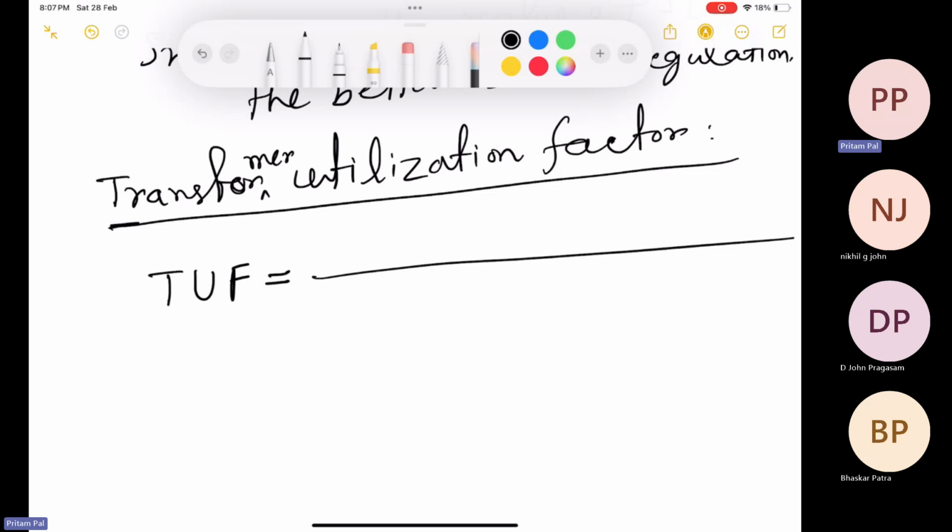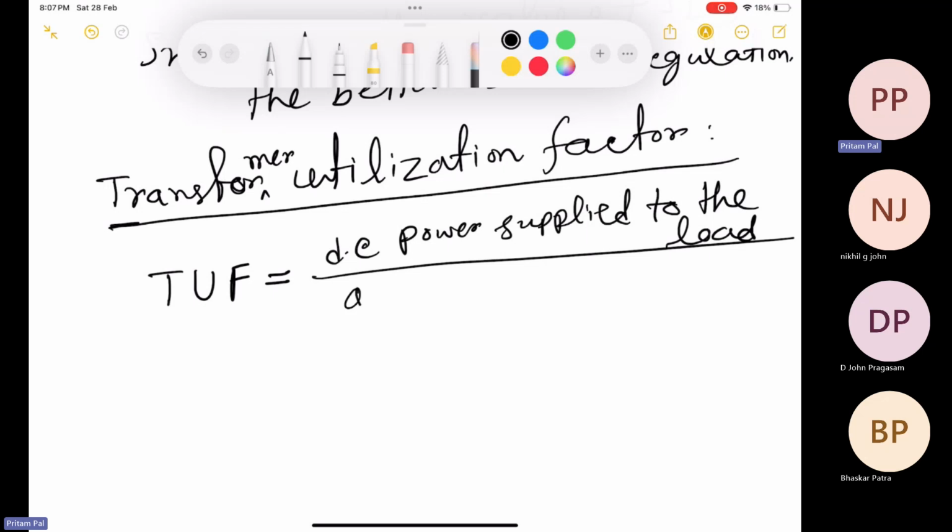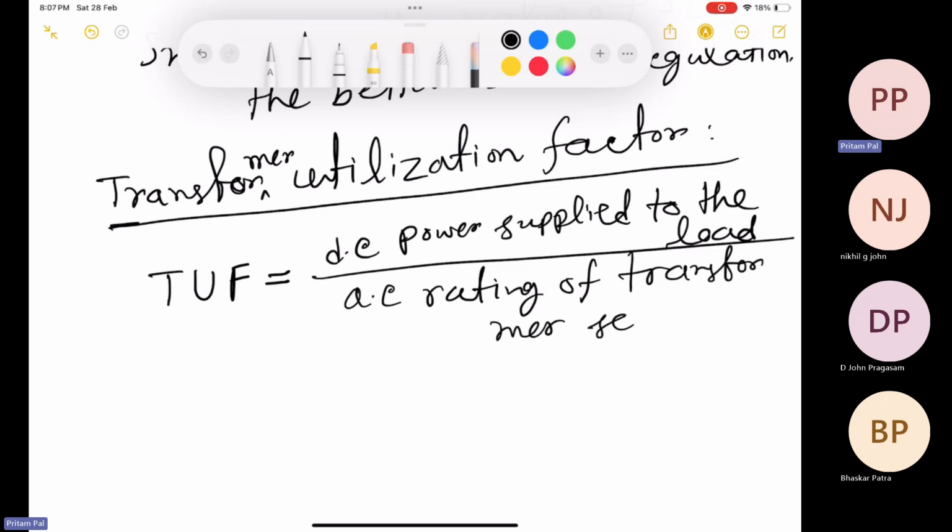It's the ratio of the DC power supplied to the load and the AC rating of the transformer secondary.